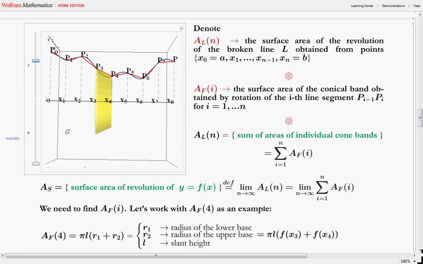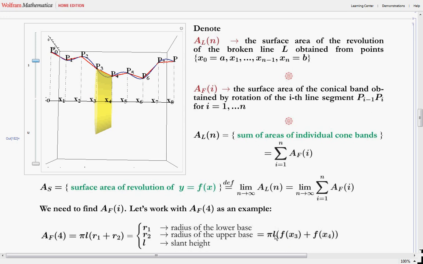Hence, we can write that the area A sub F4, the surface area of the fourth frustum, is equal to pi times the slant height times the sum of the radii, but we do know what the radii are. They are namely f of x3 and f of x4, so we get the formula pi times the slant height times f of x3 plus f of x4.